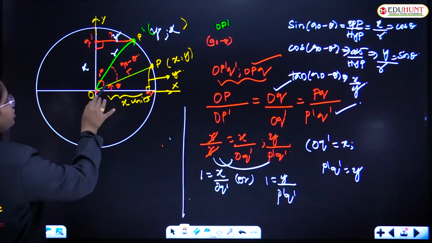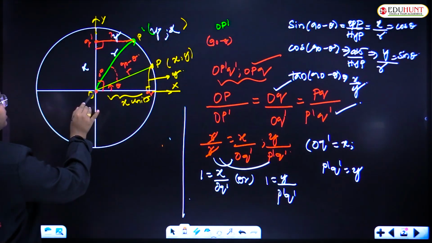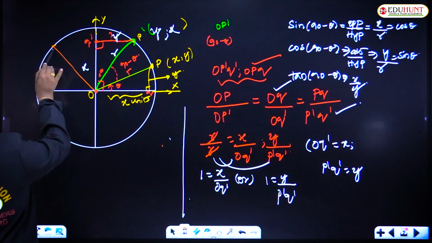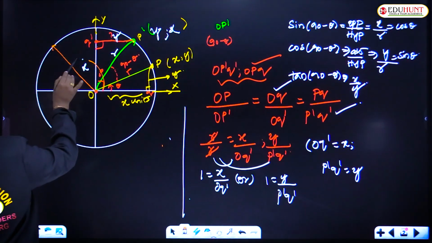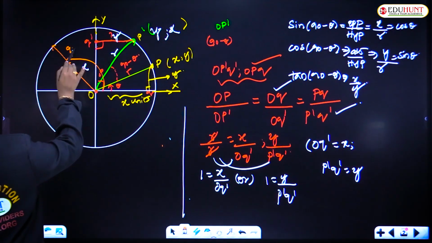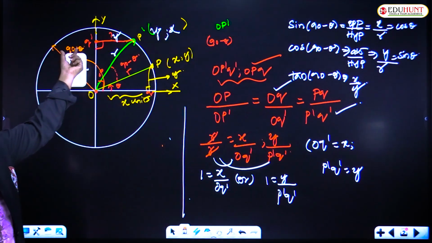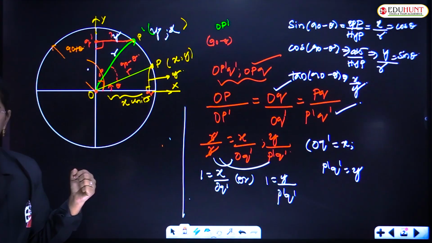Up to here this is 90. 90 plus theta means it is greater than 90 degree. So, can I take this angle as 90 plus theta? Of course, I am taking here this angle is 90 plus theta.